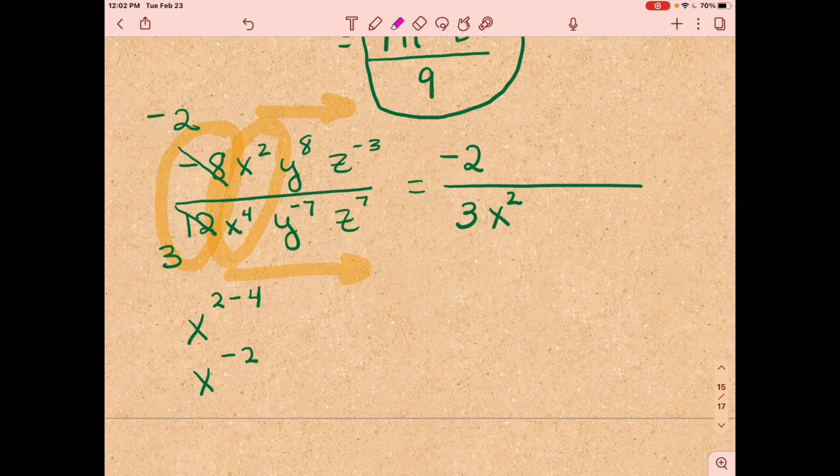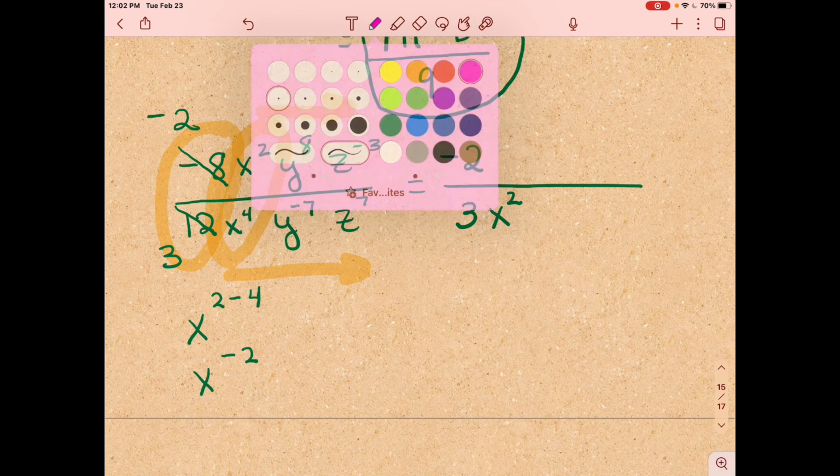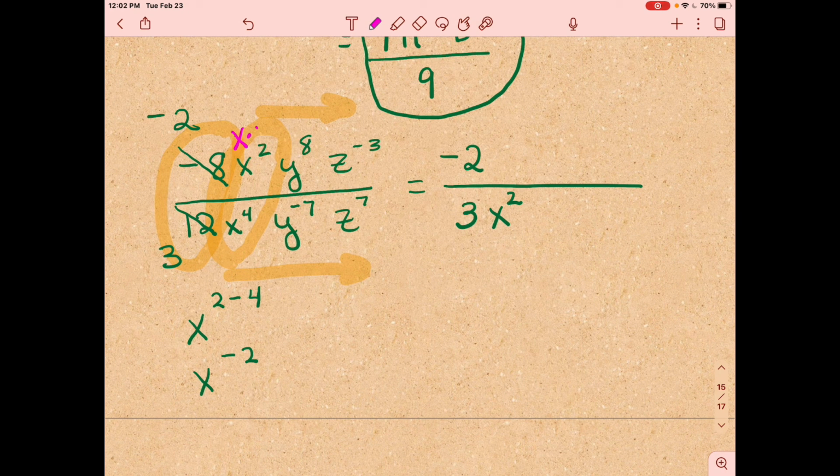Up on top I have x times x, and on bottom I had x times x times x times x. So notice that if I was canceling, I would cancel 2 of them, and 2 of them are left in the bottom. And whenever you get a negative when you do the exponent property, the x to the negative 2 means that we want to put x squared in the bottom of the fraction.